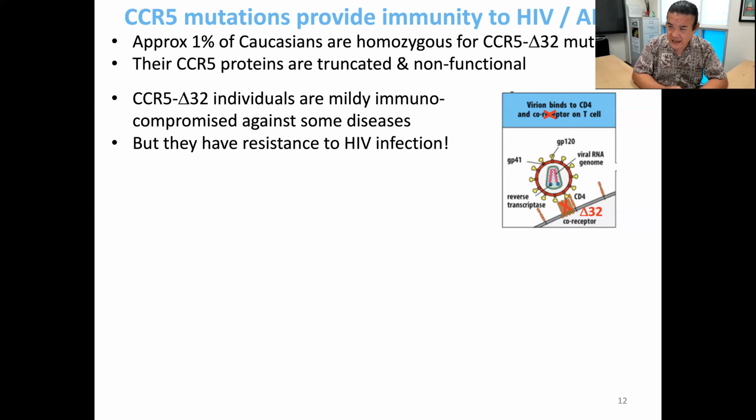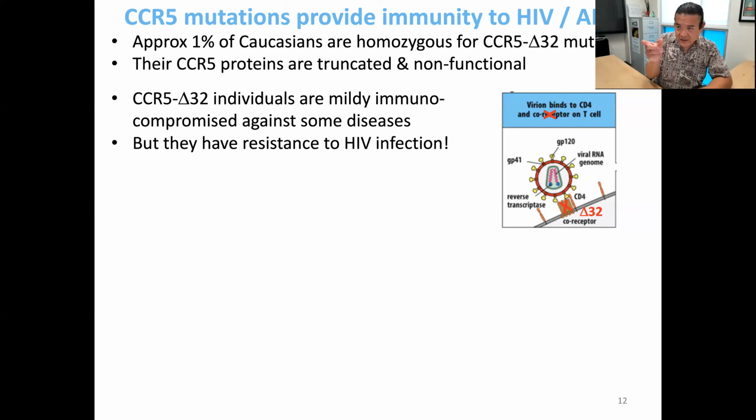And so it is a truncation. In other words, at the position in the gene that would encode for the 32nd amino acid in the CCR5 protein, there is instead a mutation that puts a stop to the translation. So we call it a CCR5 delta 32. Delta means missing, right? So starting from amino acid 32, these people, their CCR5 protein, there's no more of it.